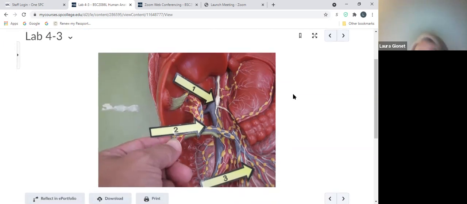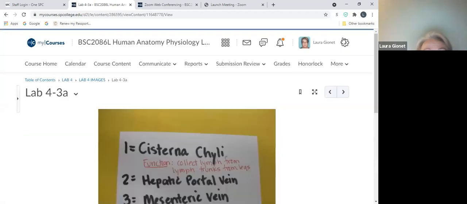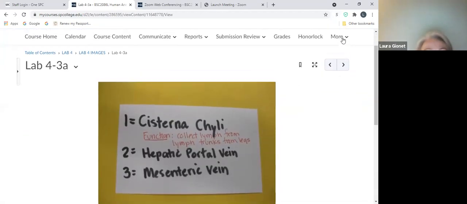3 is pointing to lymphatic vessels and nodules here in orange. Okay, so 1 is pointing to the cisterna chyli. Its function is to collect lymph from the lower limbs, the legs, and from the lumbar region. You had the hepatic portal vein.